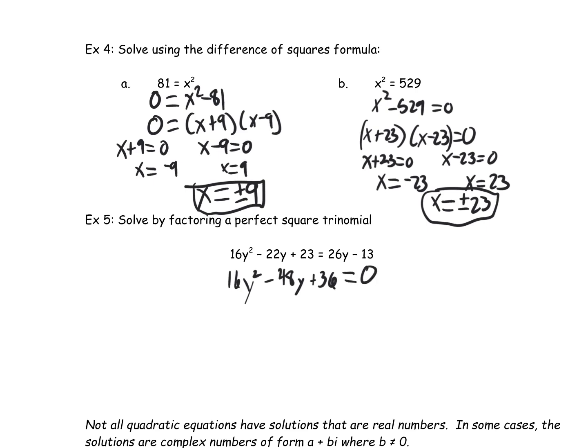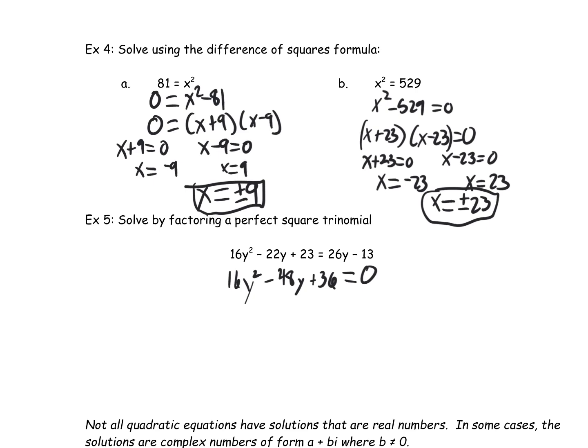So this is something to always look for. If, and this has to be the case, our first term has to be a perfect square, and then our last term has to be plus a perfect square. If both of those things are true, we have a perfect square trinomial. And 16 and 36, both of those are perfect squares, and they're both positive.